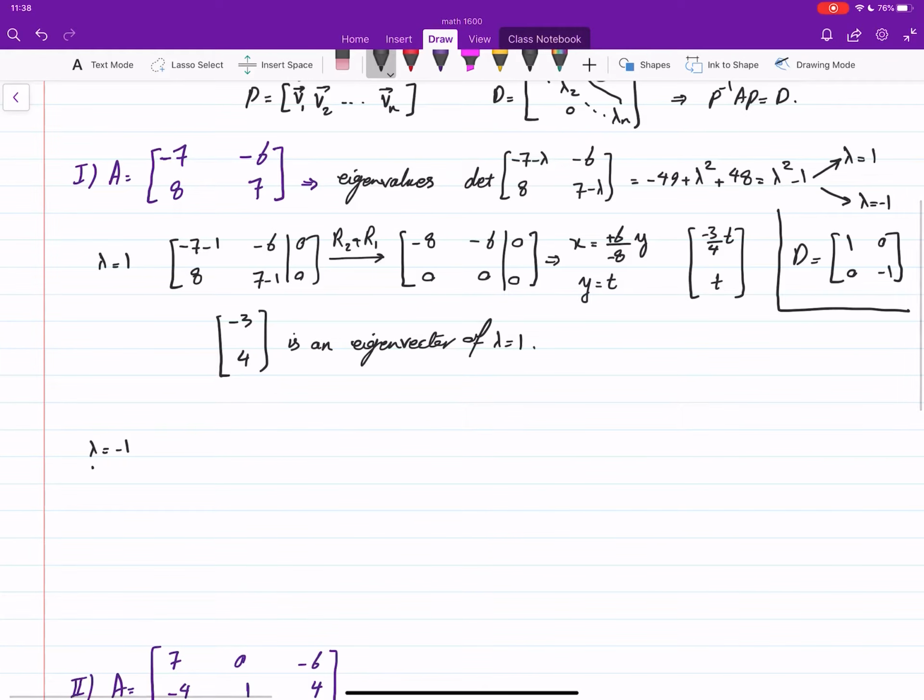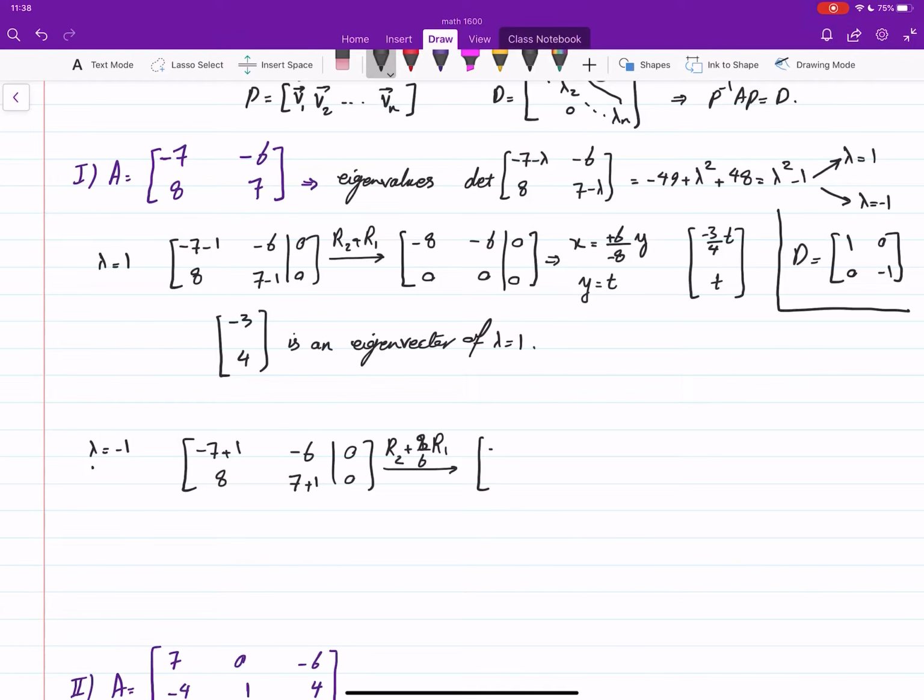How about -1? You do the same work, -6 plus 1 this time, so -6, 8, and then 7 plus 1, and 0, 0. You do the row operation, adding 8 times R1 over -6 to R2.